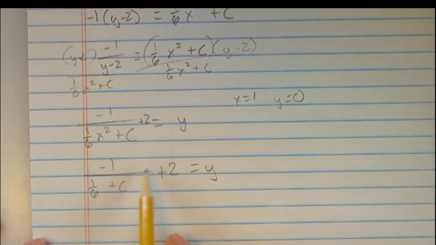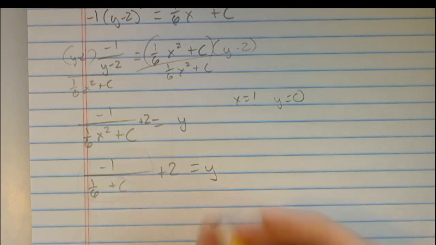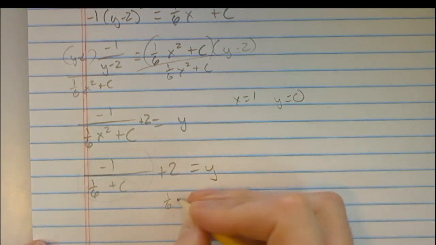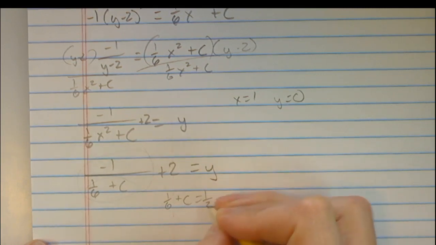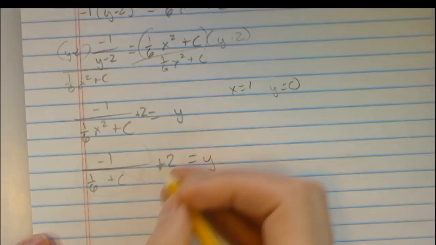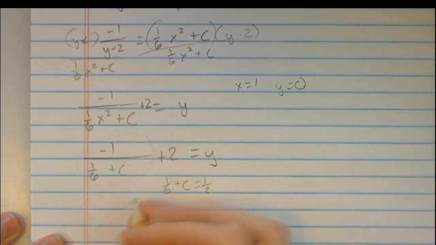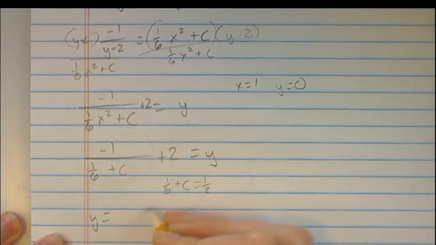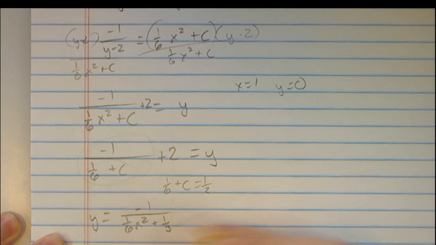So we need to get this to equal negative 2, which will happen when the denominator is 1/2. So c is 1/3, right? Yeah, okay. So y equals negative 1 over (1/6 x squared plus 1/3) plus 2 is our final equation.